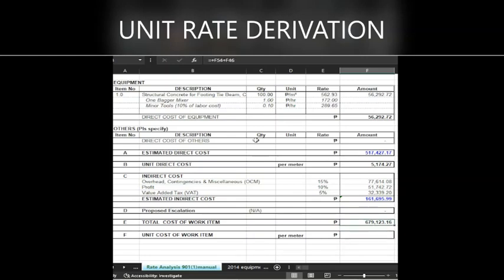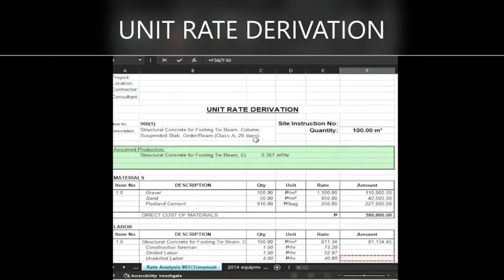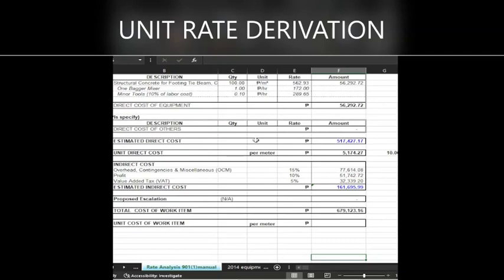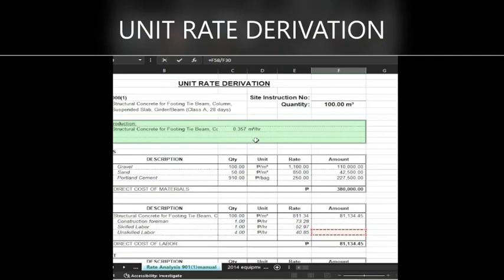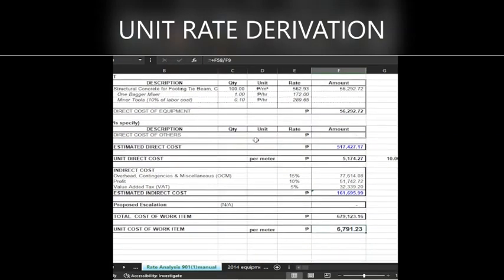So this is 679,000 for 100 cubic meter of concrete. So the total unit cost of work item will be divided only by 100 cubic meter. Sorry guys, divide by 100 cubic meter. So the result is 6,791.